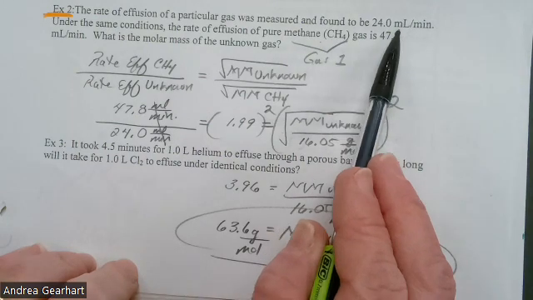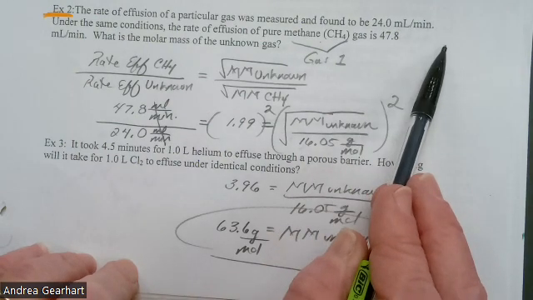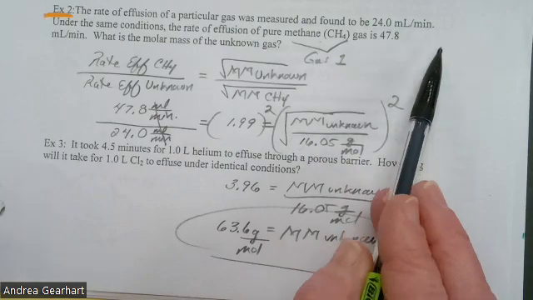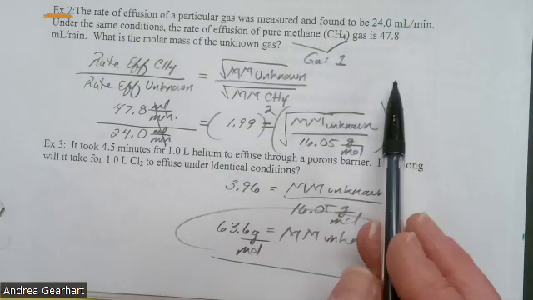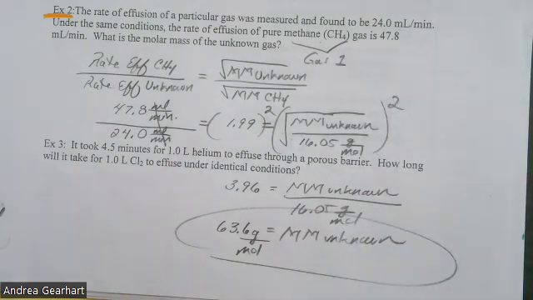Does milliliter per minute make sense to be an expression of rate of effusion? Wonderful. Concerns? If we're ever employing an equation, I don't think that I went through this with us.